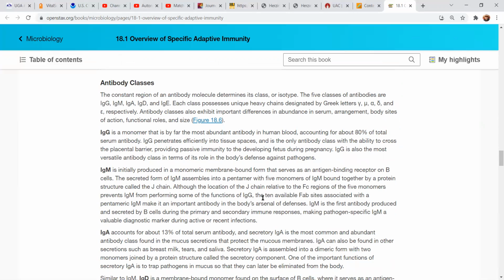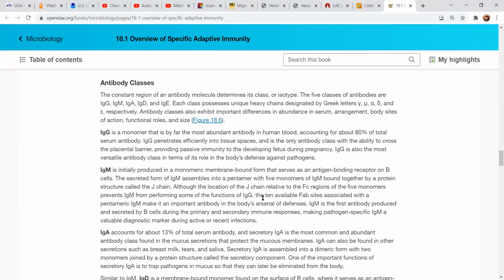Now, there are 5 classes of antibodies, G, M, A, D, and E, and they're going to be a little bit different in terms of how abundant they are, their specific arrangement, where they act, what they do, and how big they are.